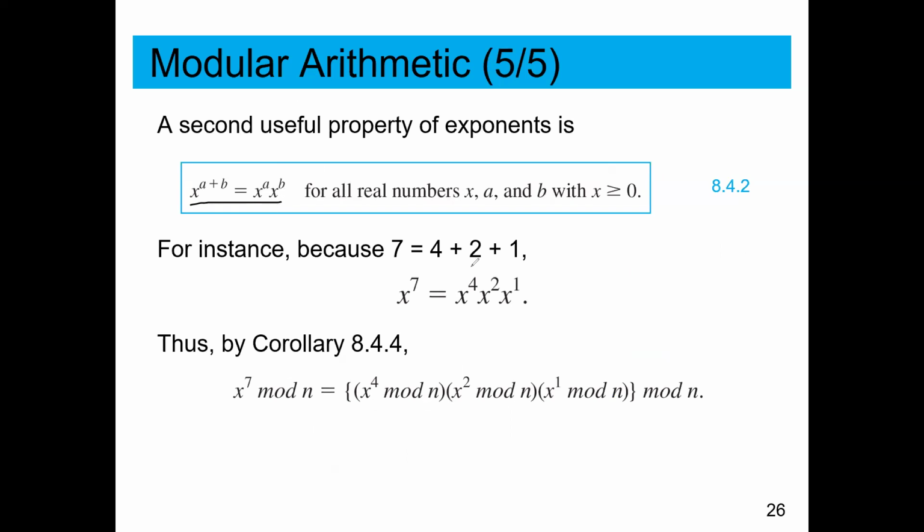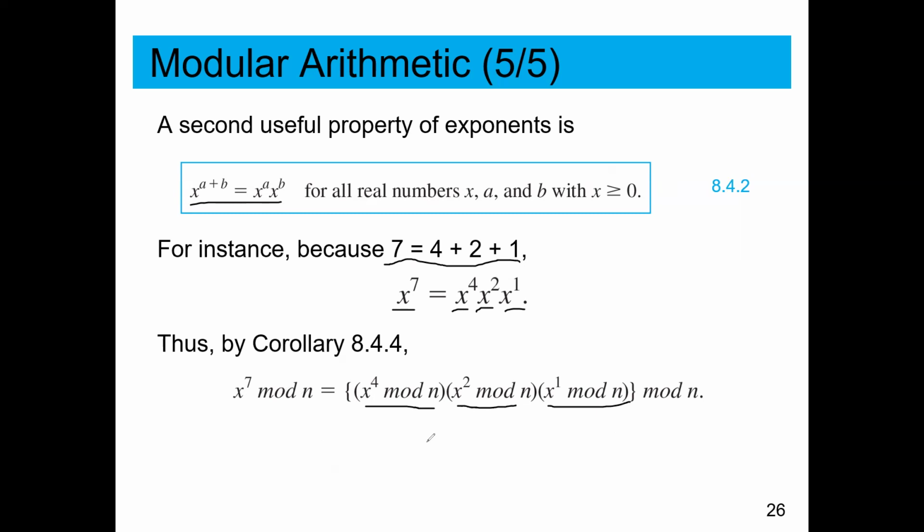So what's that mean? Well, it means let's take 7. 7 equals 4 plus 2 plus 1, which is x to the 4th times x squared times x to the 1st. Well, what I can do then to find x to the 7th is I can find x to the 4th, that's easier, and x squared, and then I can take x to the 1st.